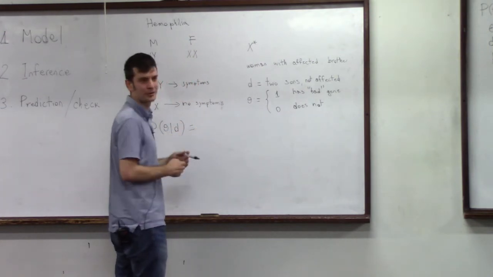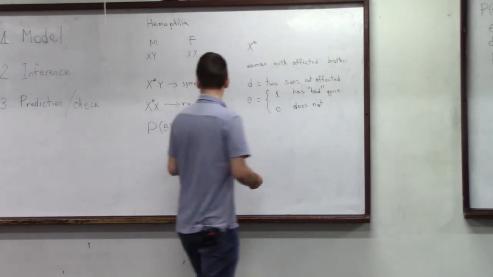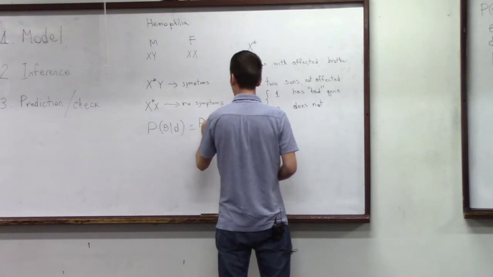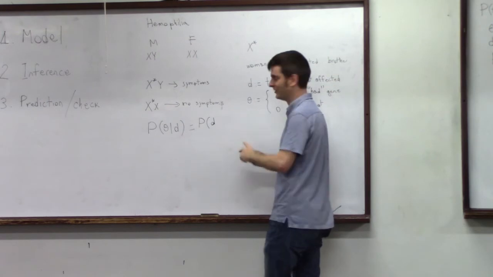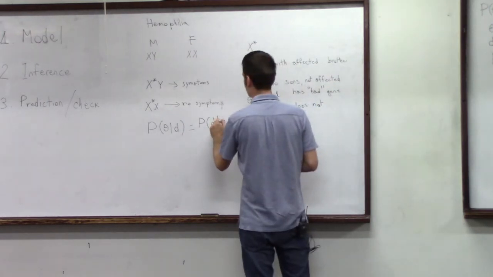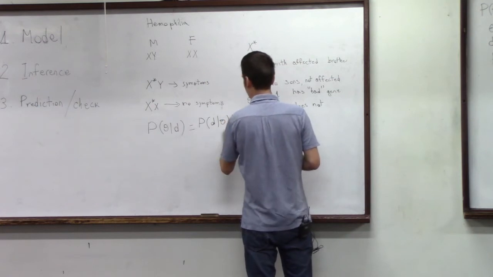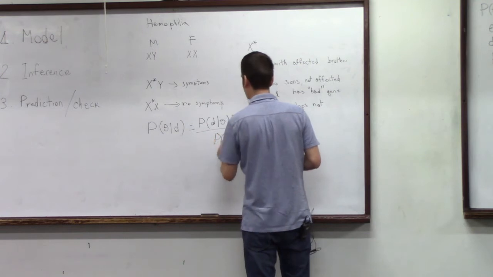According to Bayes' rule, this is the probability of observing the data, the probability of having 2 sons unaffected, given the specific value of theta, times P of theta, divided by this.